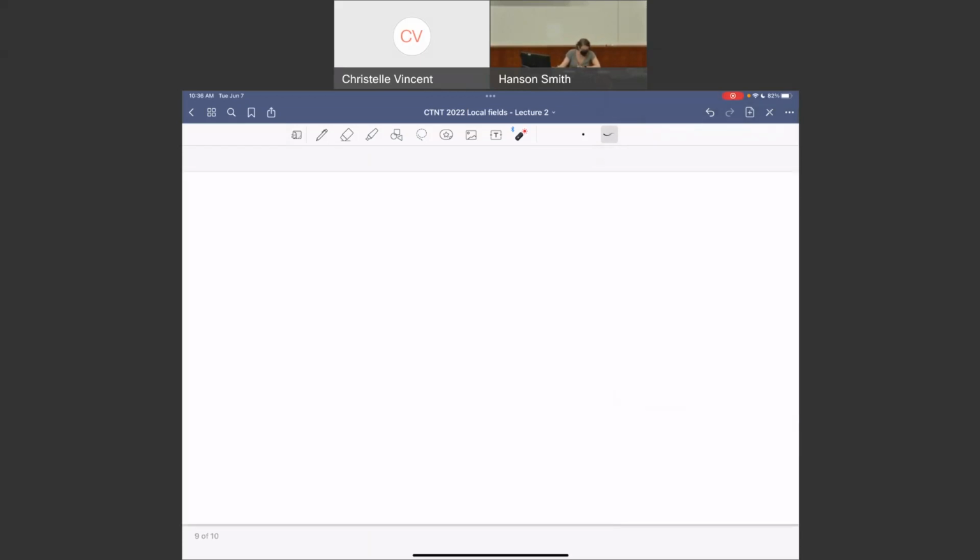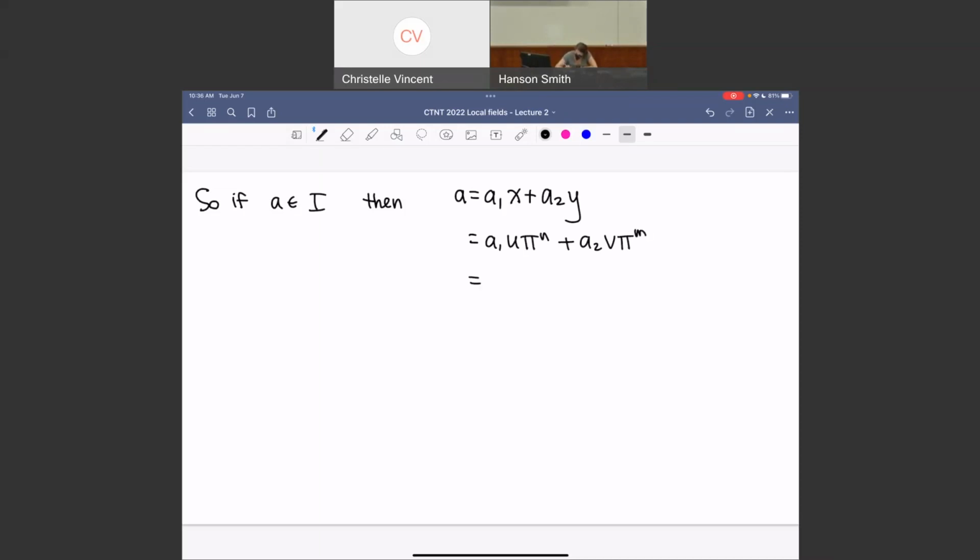Okay, so if I have an element a in I, right, then a is a1 x plus a2 y. That's what it means to be in the ideal generated by x and y, which is just a1 u pi to the n plus a2 v pi to the m. And now I can factor out pi to the m: pi to the m times a1 u pi to the n minus m plus a2 v, right?